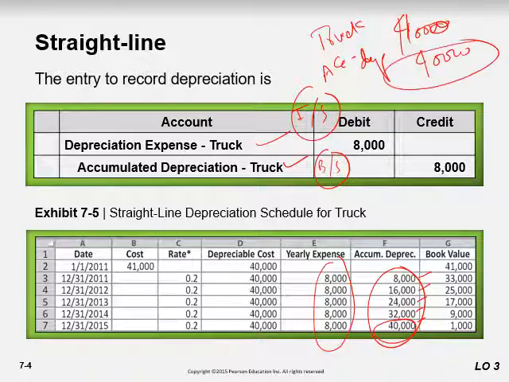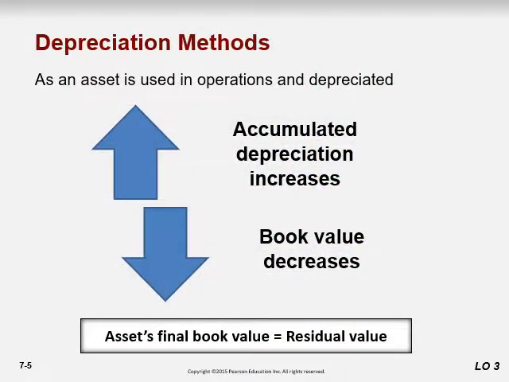When it hits 40,000, the book value will be 1,000, and then you recover this 1,000 by the sale of this truck. So as depreciation happens, accumulated depreciation starts increasing and book value starts decreasing, right? And at the end, the asset value becomes the scrap value, salvage value, or residual value.